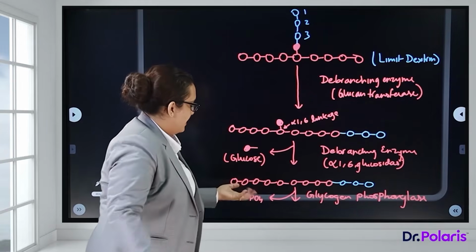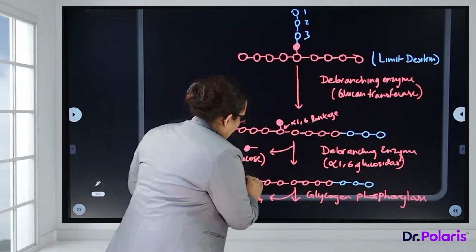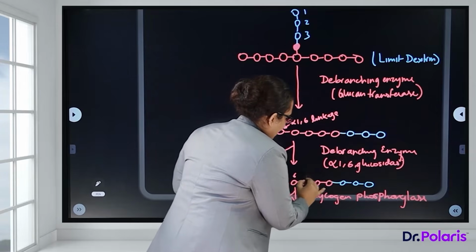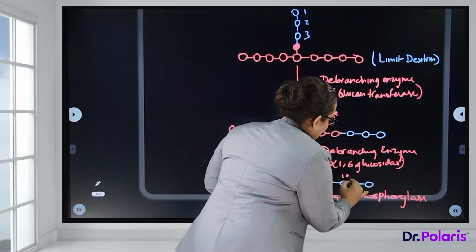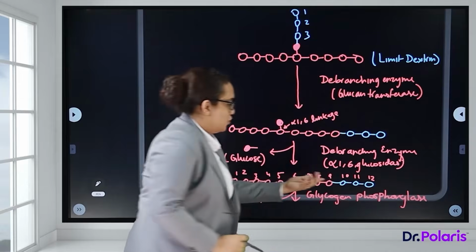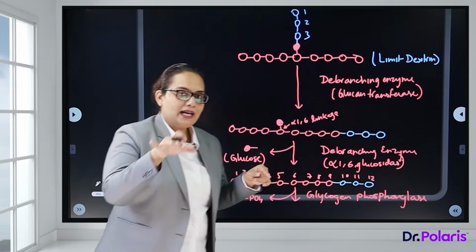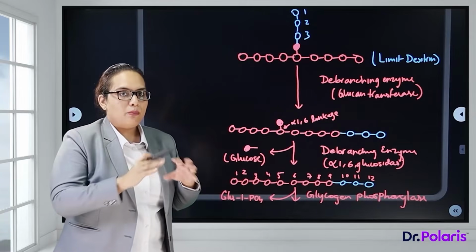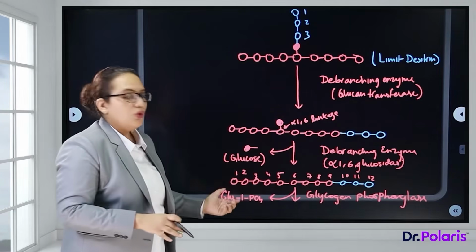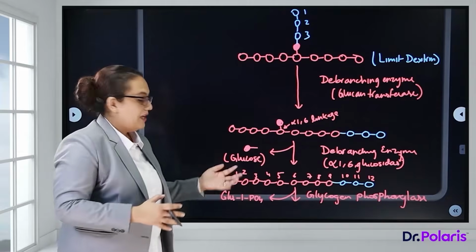So if you have, say for example, 3, 4, 5, 6, 7, 8, 9, 10, 11, 12, there are 12 sugar units in the linear chain. Glycogen phosphorylase will act 12 times to remove the glucose units one by one sequentially, so that you have glucose 1-phosphate released till you are left with none.